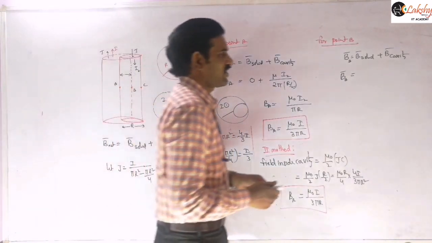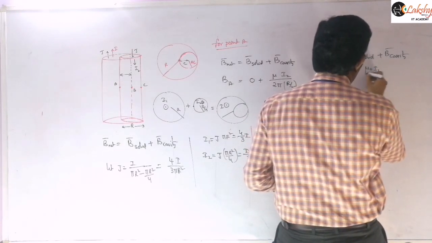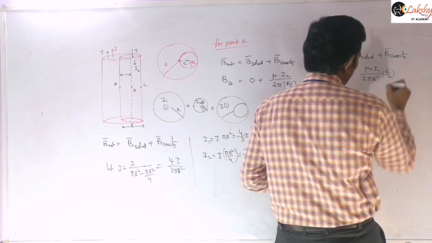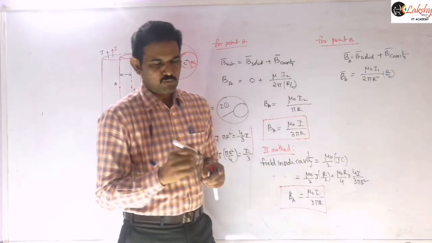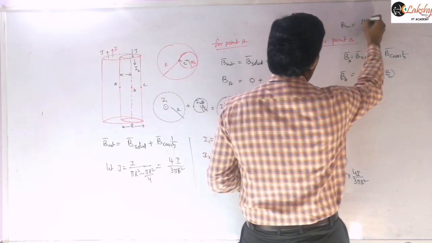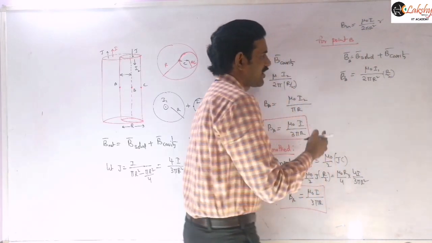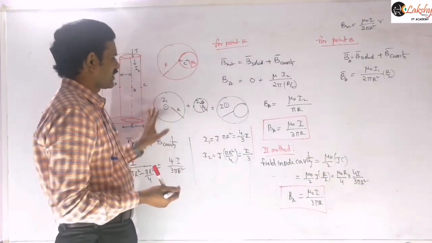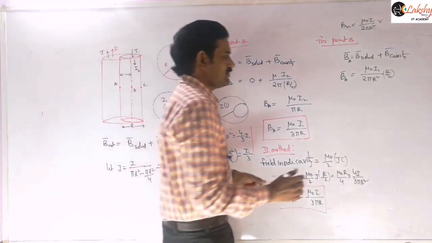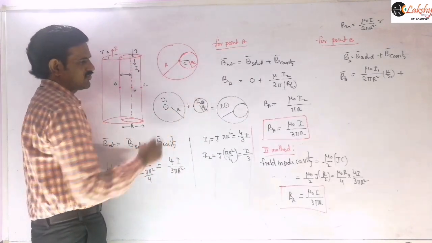So I am writing the internal point formula here. The internal point formula is nothing but mu naught I1 by 2 pi r square into small r. That is the basic formula. Now I am writing that formula here for this solid conductor, which has the current I1, plus the magnetic field due to this cavity conductor we need to write.